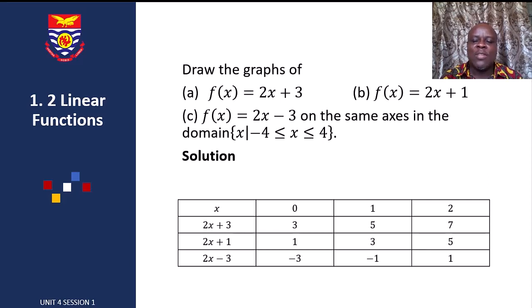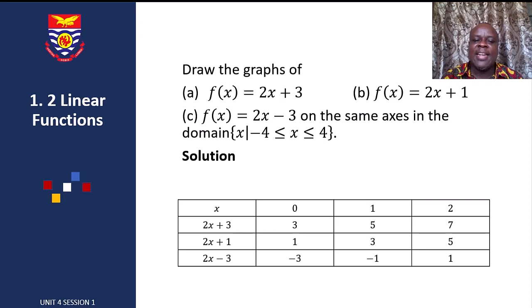As we did in the first case, we still have to draw a table to show the values that will give us the ordered pairs to be plotted. So here we have decided to use just a few of the values, even though the domain is from -4 to 4. We have decided to use 0, 1, and 2.